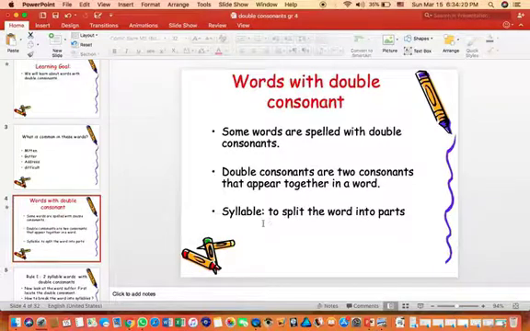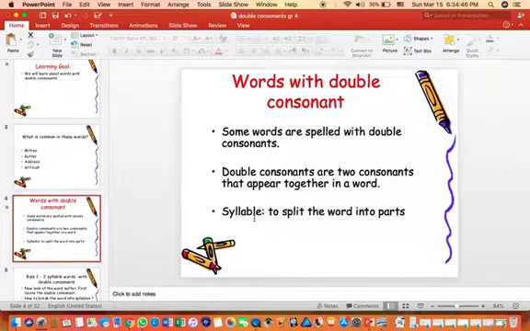In today's lesson, we have some specific rules to be followed in order to syllabify the words. Now, what does syllable mean? Syllable means to split the word into parts. In order to split the word into parts, I need to follow some rules, as we know that English is full of rules.